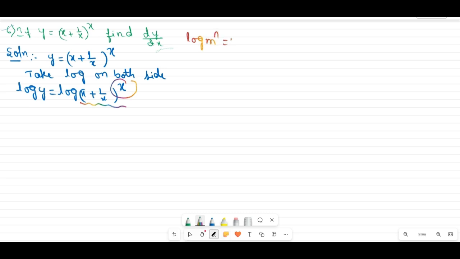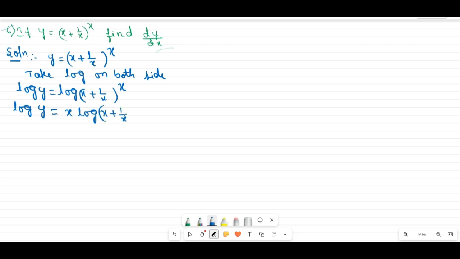Log of m power n is n log m, as you know already. In the place of n, we have x. In the place of m, we have x plus 1 by x. So we must apply the property first, and after that, let us differentiate the function. Applying the logarithmic property, we get x into log of x plus 1 by x.